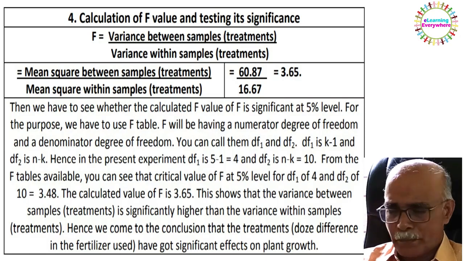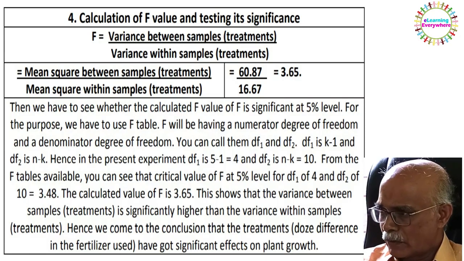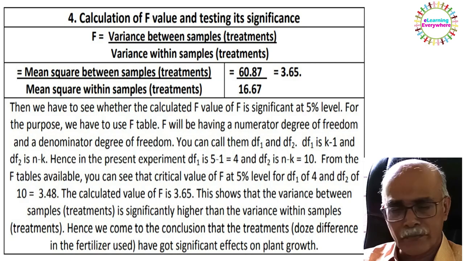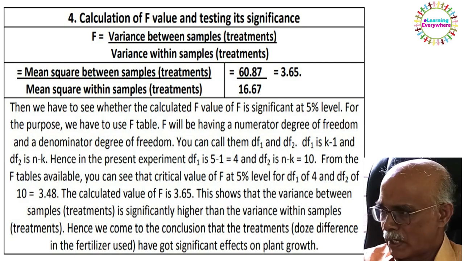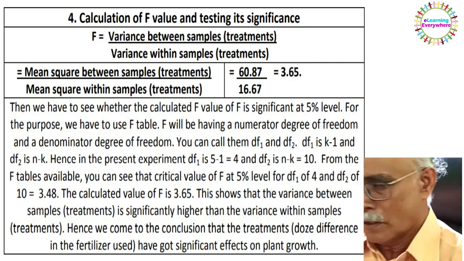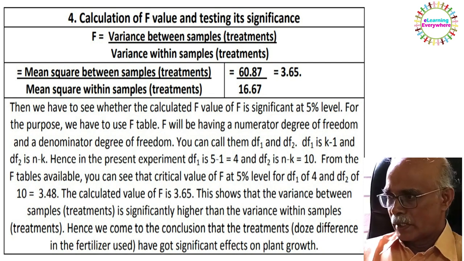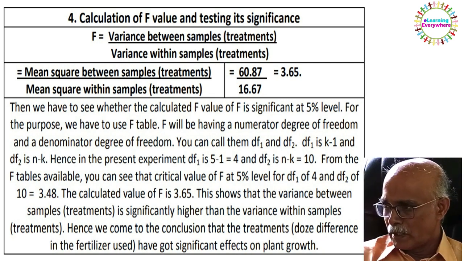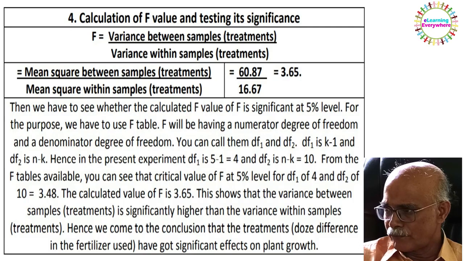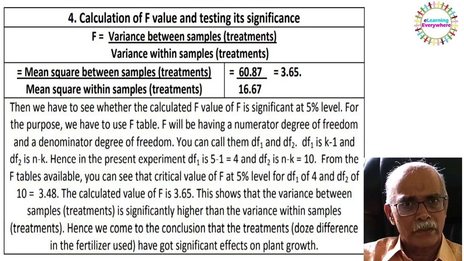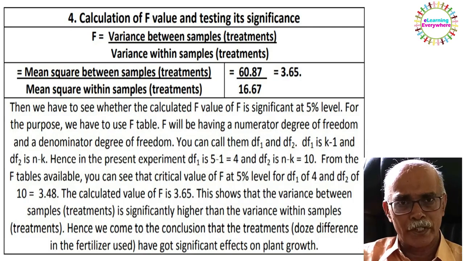Then the next step is to see whether the calculated F value is significant, for example at the 5% level. For the purpose, we are using an F table, and the F table will have two types of degrees of freedom.